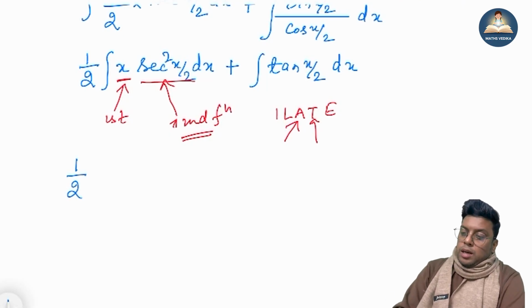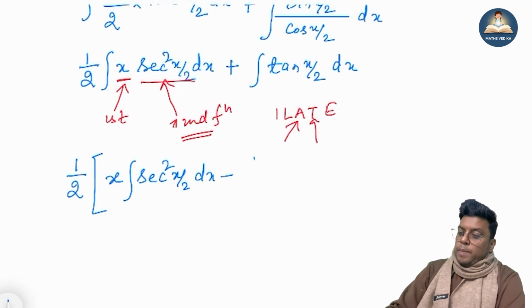So half into the formula is: we'll keep the first function before the integration sign, and we'll integrate the second function sec² (x/2) dx, minus the integration of the differentiation of the first function.